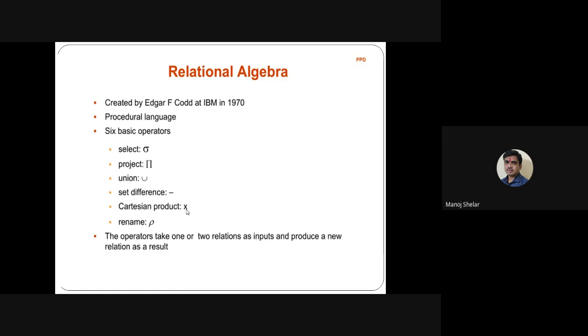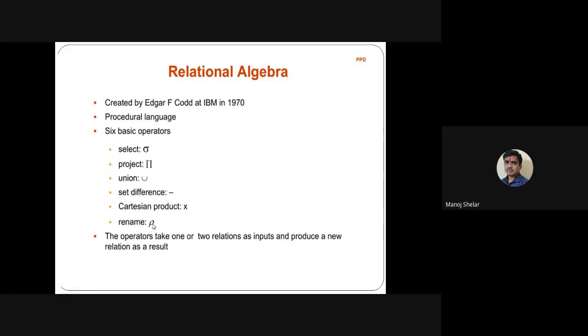In relational algebra we use this multiplication symbol, the cross notation. And for the rename operation, suppose the table name is student and we want to change the name of the table. Here we use the rename operation, denoted by the symbol rho.